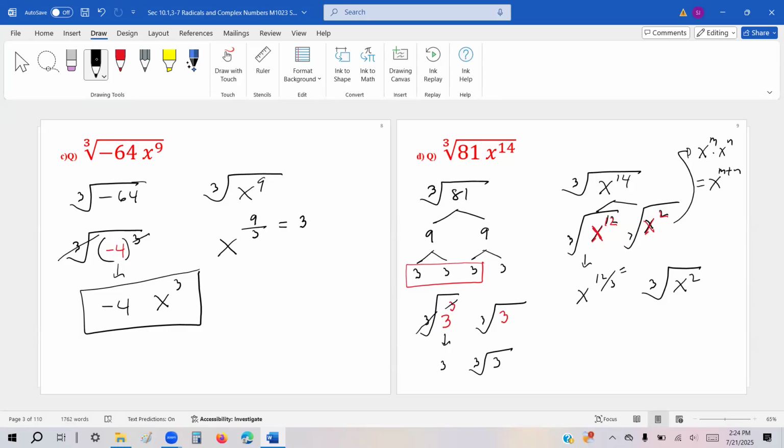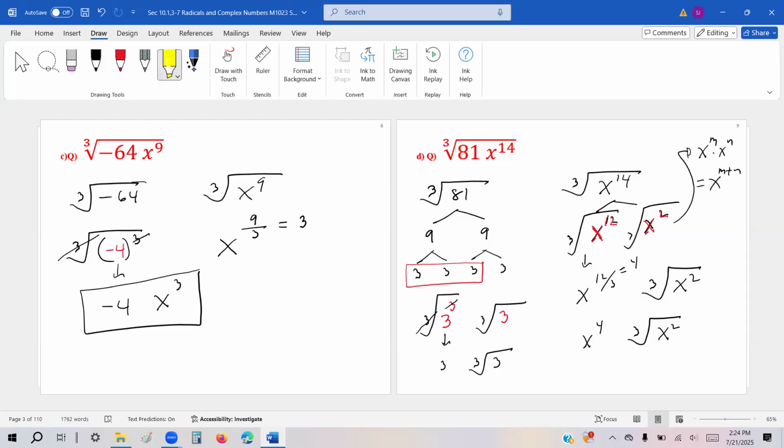Now 3 goes into 12 how many times? 4. So it becomes x to the 4 and something that is not divisible by 3. If you have a power that is not divisible by the radical, don't do anything, just leave it. Like here, don't write 2 over 3. It doesn't help. Just leave it alone. Why?